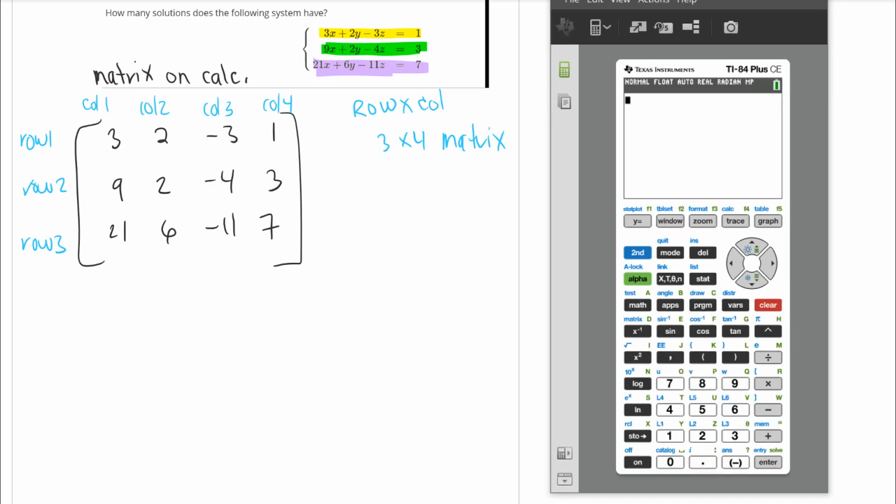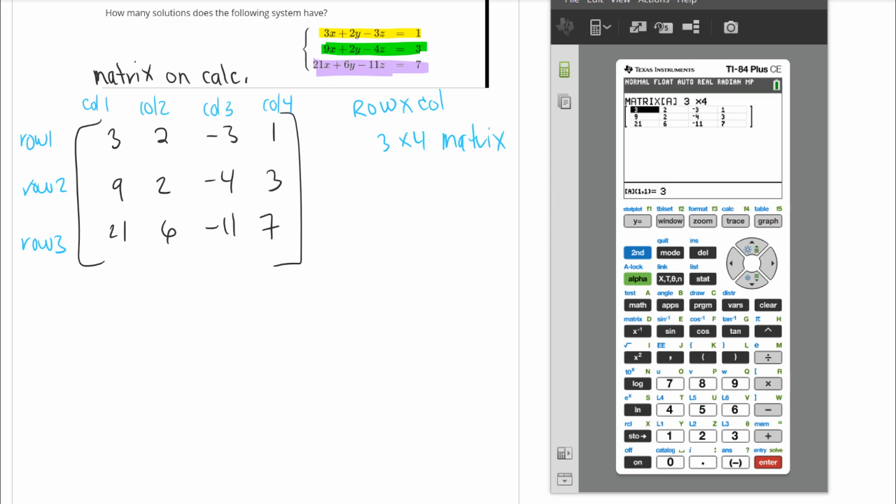So I am going to go to the matrix. I'm going to go to second, and then matrix. And here I have the different matrices. I want to go over to edit, and I want to edit matrix A. So I know in matrix A, I'm going to be plugging in some values. I'm going to put all of these numbers into this matrix.